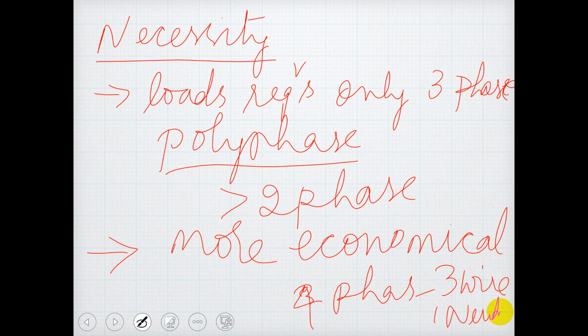In that case, three phase has more advantages over other polyphase systems. Hence the three-phase system is very much necessary and required. Many loads are operating using three-phase supply.